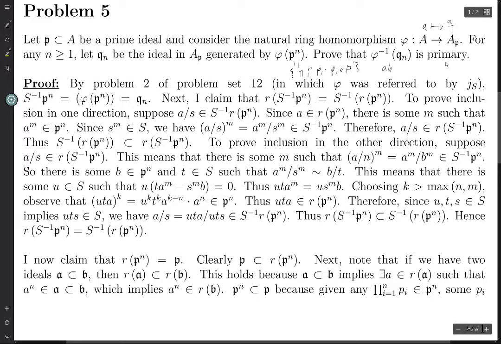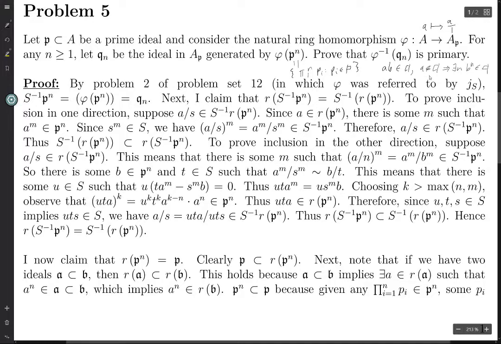So ab in Q, if you have a primary ideal A, then the product ab is in the ideal A. If this holds, and if a is not in A, then there exists some n such that b to the n is in A. So it's sort of like being a prime ideal, except it's a little weaker.